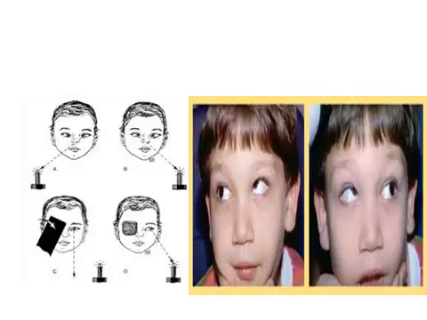So in order to differentiate this condition from bilateral sixth nerve palsy, sometimes we need to do patching for half an hour or sometimes more in order to force the child to use the unpatched eye to see at different gazes and to demonstrate the full range of movement.